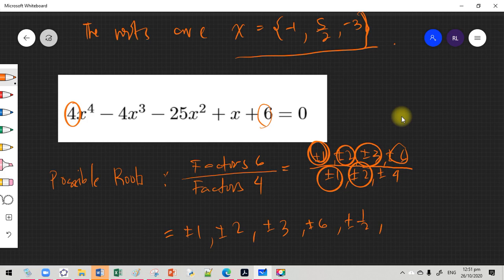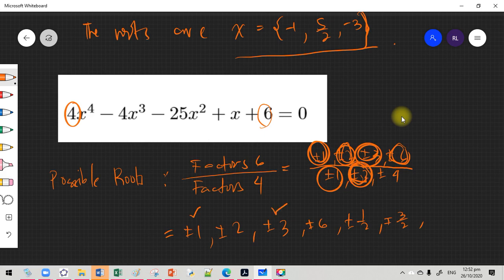Then this 2 and 2 will give us 1, so that is already repeated here, so no need. 3 and 2 will give us plus minus 3/2. Then 6 and 2 will give us 3, so this is already repeated here.